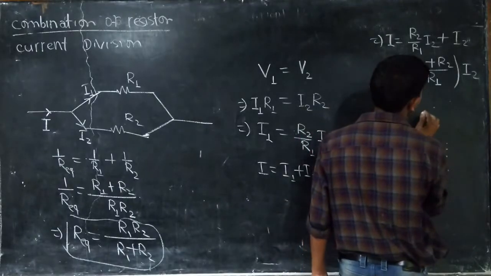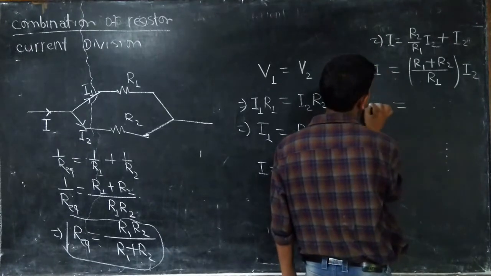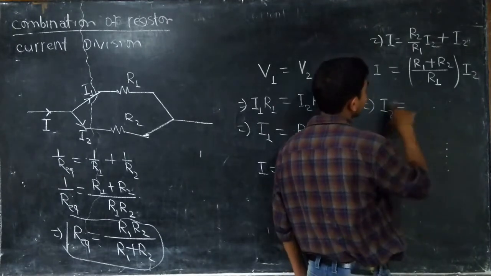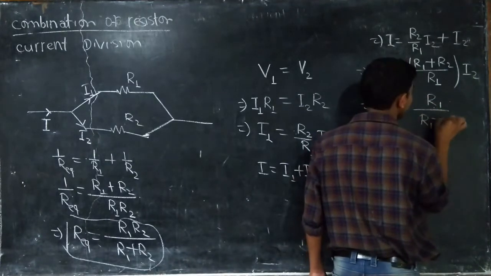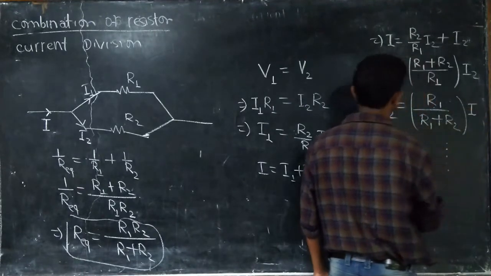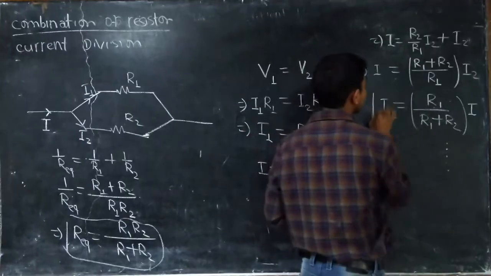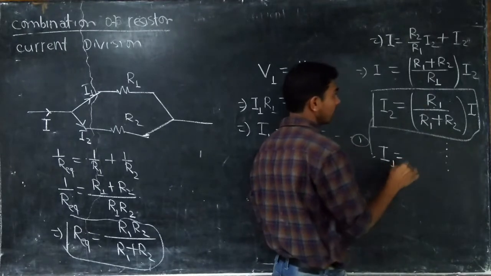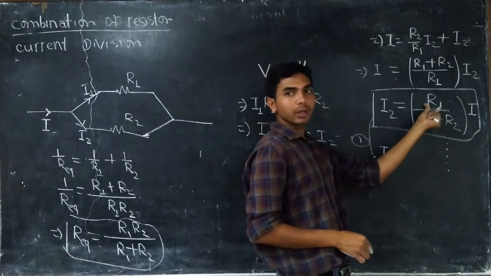So further we can write I is equal to this value, right? From here, I2 is equal to R1 by R1 plus R2 into I, right? So this is your formula to calculate. If I am calculating I2, R1 comes up in the numerator.